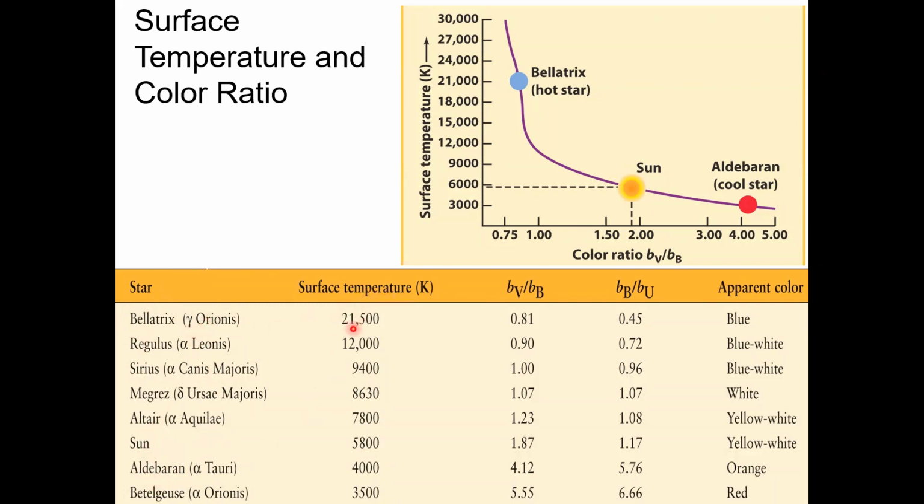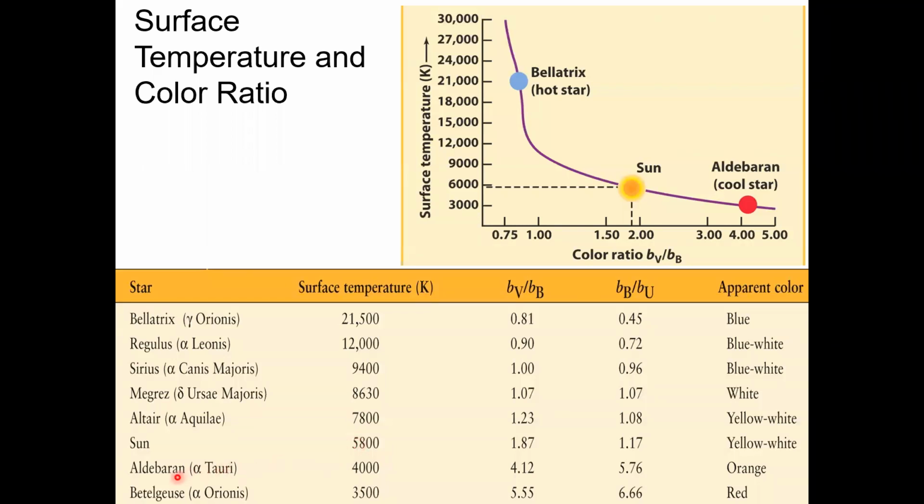Bellatrix is 21,000 Kelvin on the surface. This is surface temperature, mind you. It's not the core or anywhere, it's only the surface, because we take the measurements of the surface. So whatever we determine is of the surface. Among the others, the sun is pretty normal, 5,800 Kelvin. That's the surface temperature. I think you have heard it, like 6,000. So pretty close, 5,800.